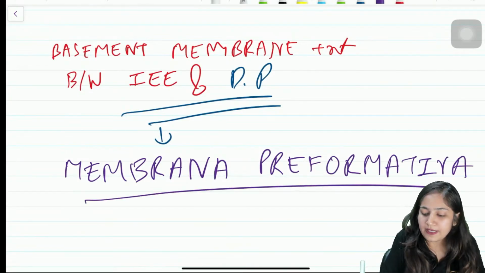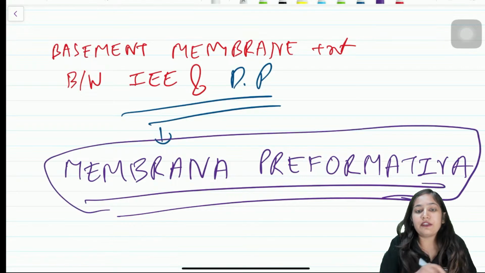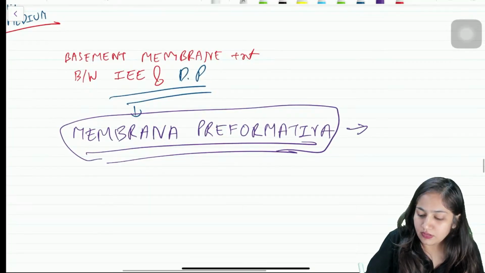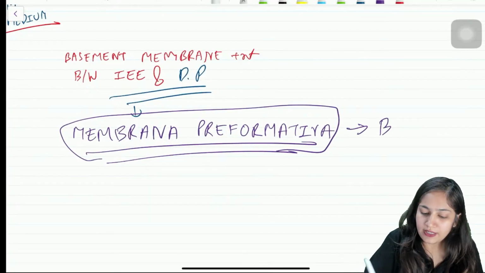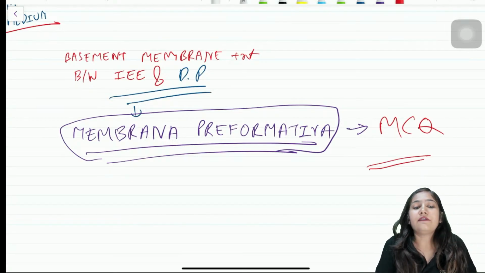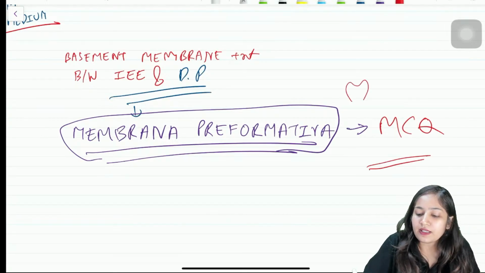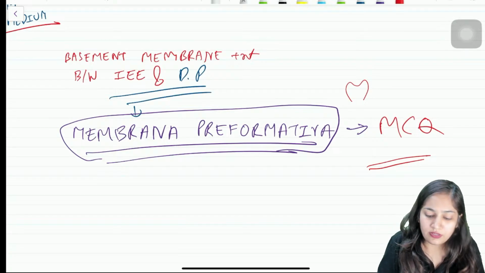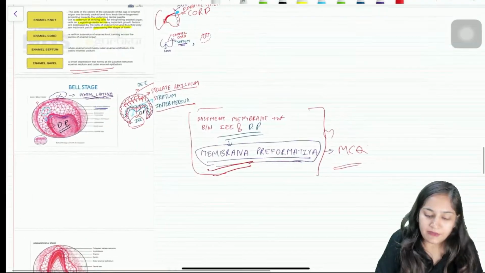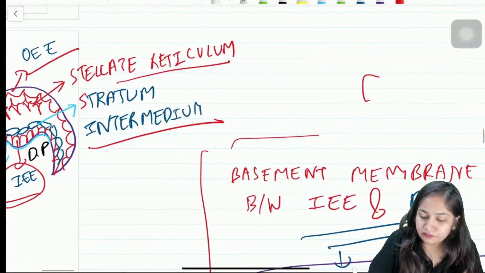This can come as an MCQ question. What is membrana preformativa? Important MCQ question. It forms a blueprint for determining the shape of the crown. So this is membrana preformativa, the basement membrane between inner enamel epithelium and dental papilla.